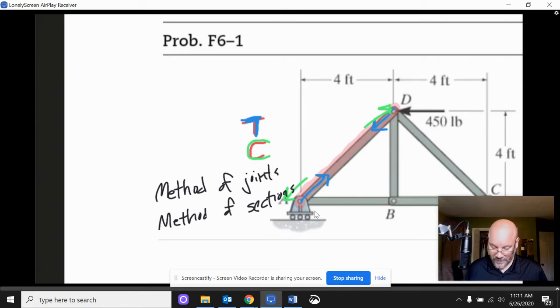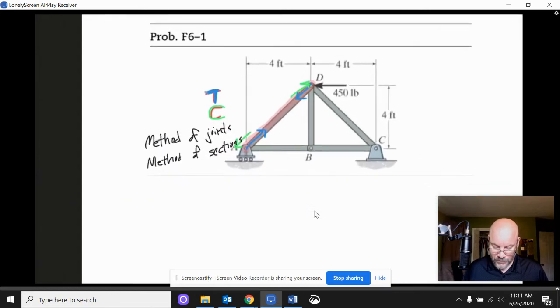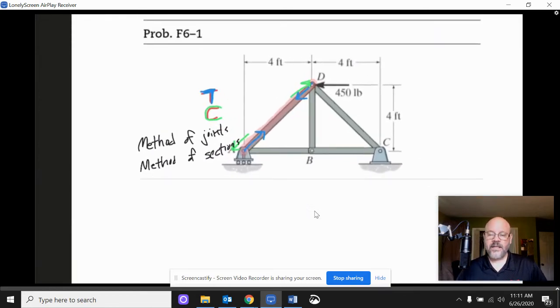All right. So let's get into it now. I'm going to have to erase a bunch of stuff. Let me just make sure that I've hit all the major intro stuff here. So no matter which method we use, we really need to start by thinking about what's happening with the external forces.